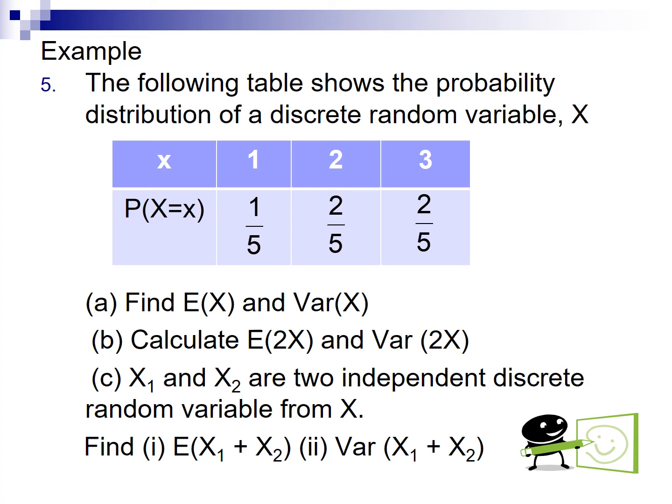They are two independent discrete random variables taken from X. So since they are independent and taken from X, clearly the value of EX1 is the same as the value of EX2 because they have identical probability distribution. So can you find E(X1 plus X2), the variance of X1 plus X2?